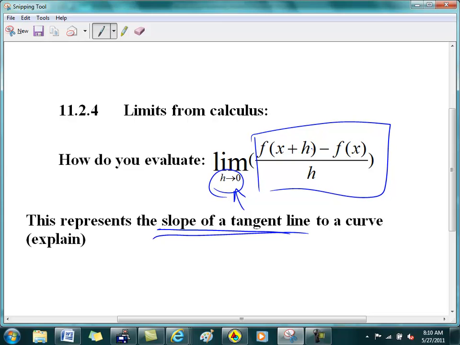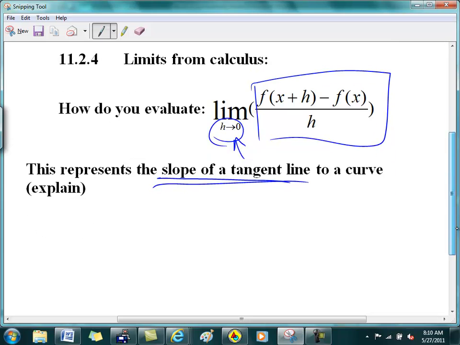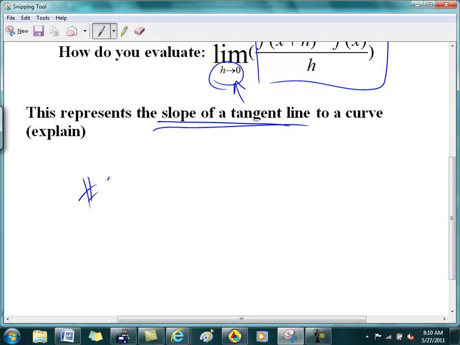Let's take a look at number 69 on page 799. Is everybody there? f(x) equals 3x minus 1. Evelina, wake up, man.